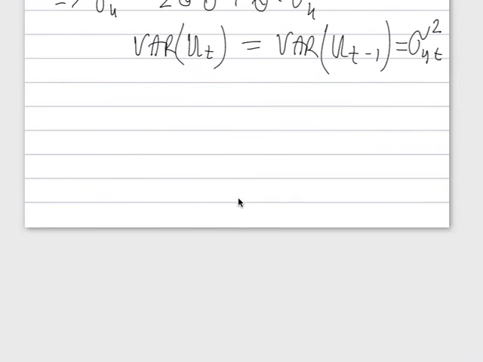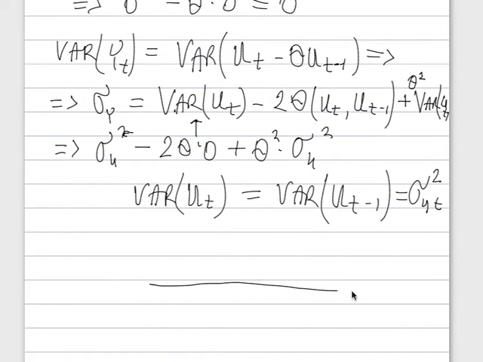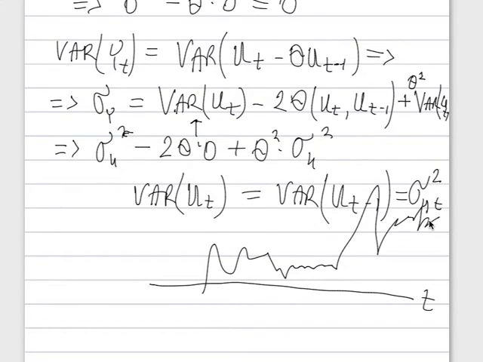In other words, if you think of this as T, the variance is changing. It goes up and down, a volatile sort of process. It's not constant. It doesn't stay constant all the time.